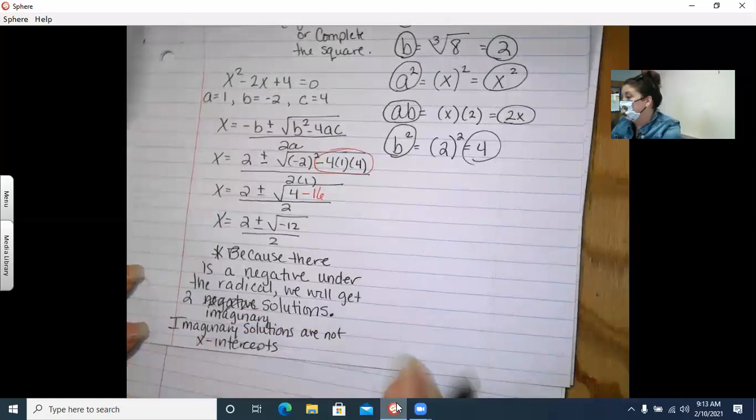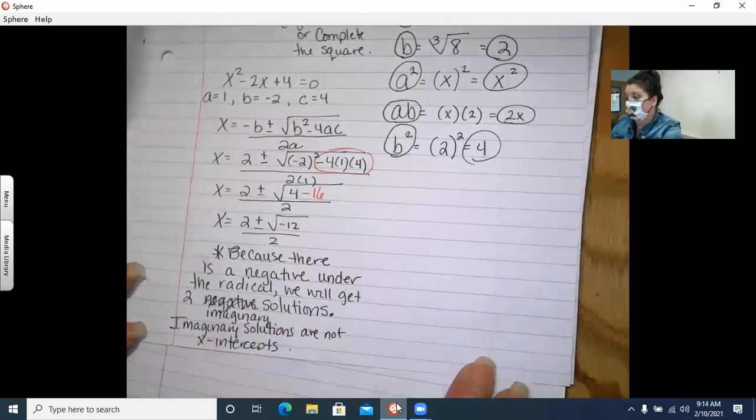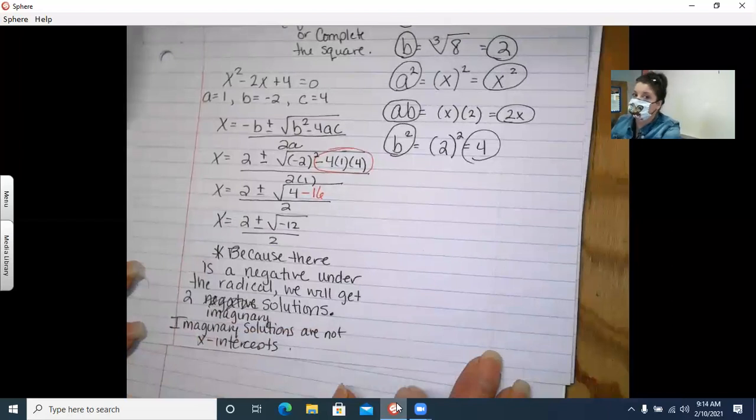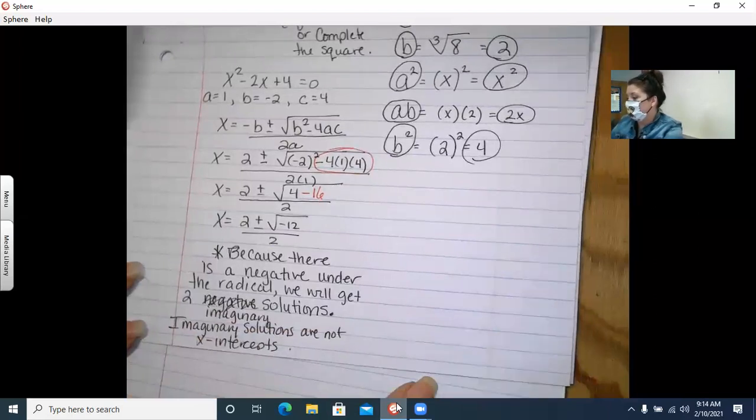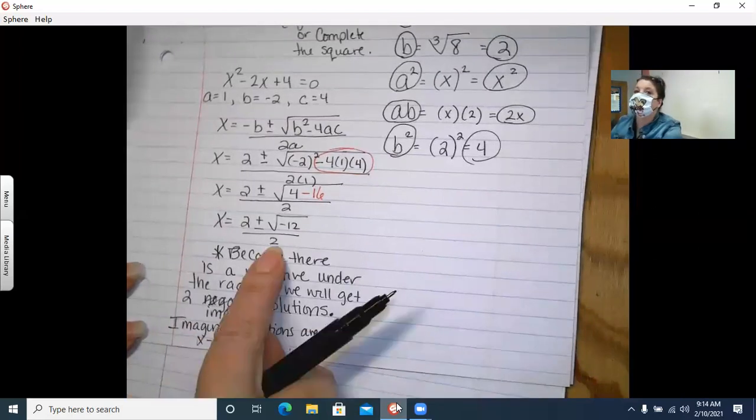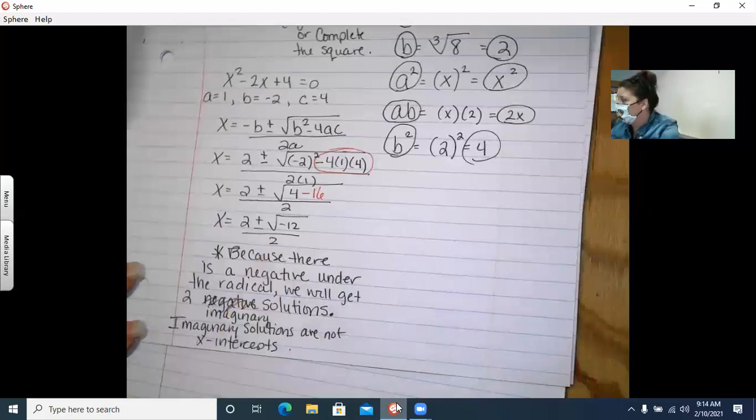So we knew we were supposed to get 3 solutions, right? We knew that because we had 3 degrees. We got 1 real solution of negative 2. We have 2 imaginary solutions. And I would have to continue simplifying to tell you exactly what they are. But once we know they're going to be imaginary, you don't need to keep doing the work if graphing is the end goal.